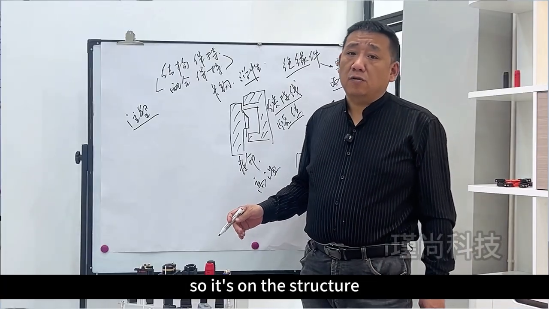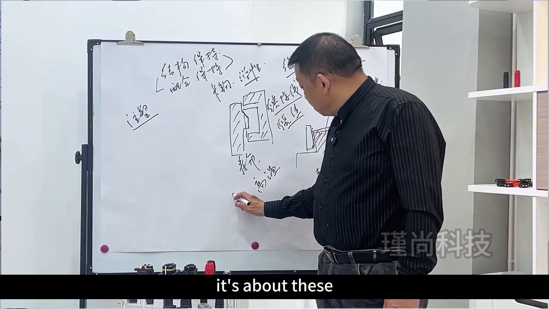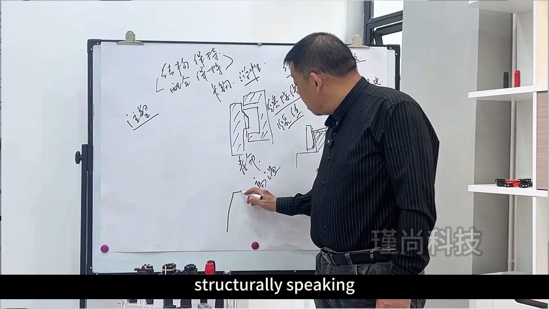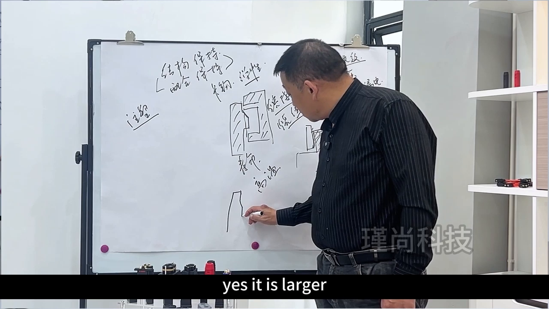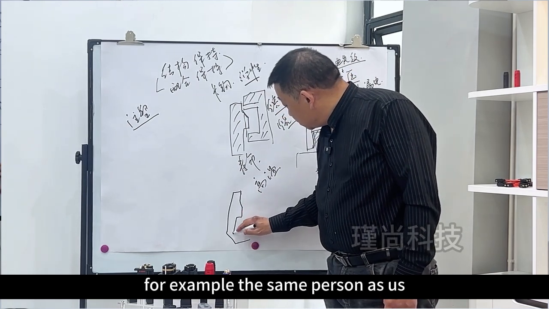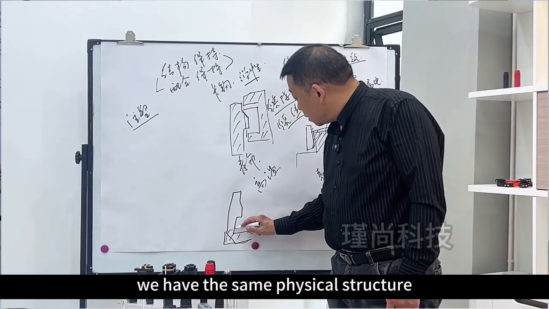So structurally speaking, the parameter itself is larger. Let's differentiate one by one. For example, the same person as us, we have the same physical structure.